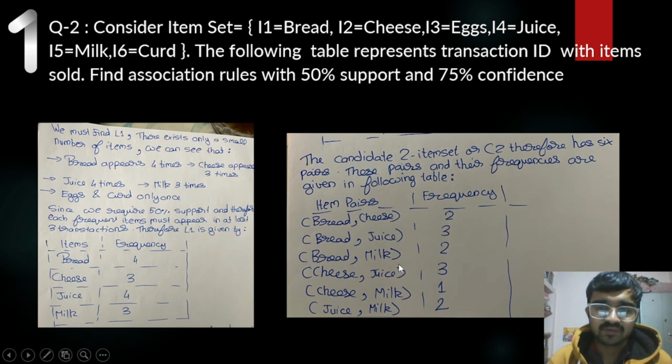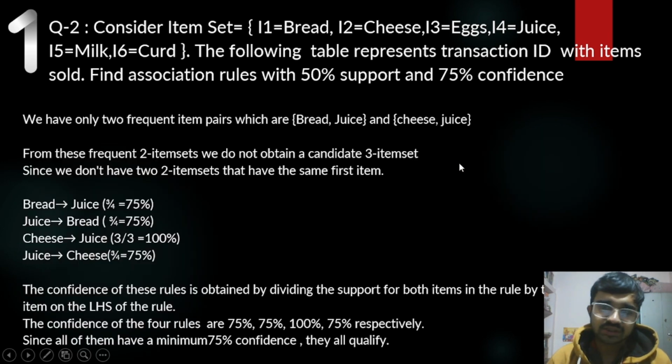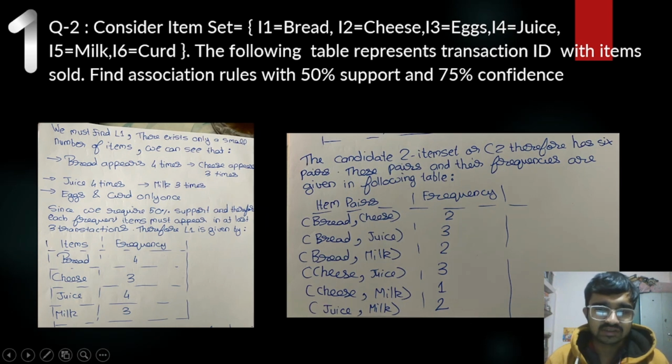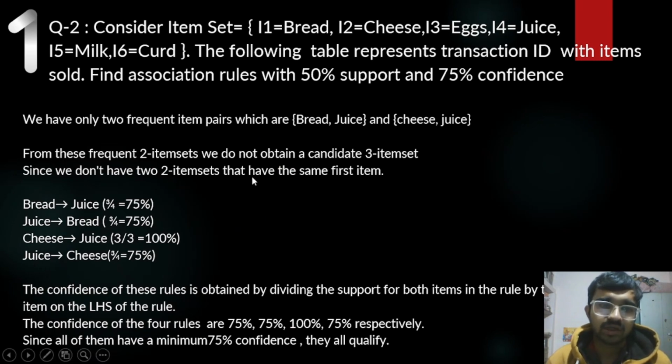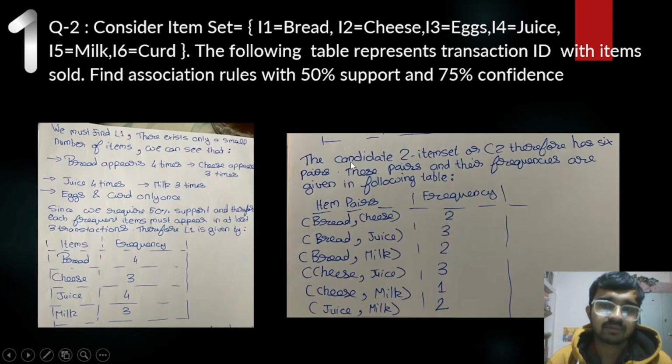So in this way we created our two-item set table, and at last we will derive some rules from this. First we will discard the values which have less support than the required support, and then we will calculate the confidence for the item pairs which have support greater than 50%.